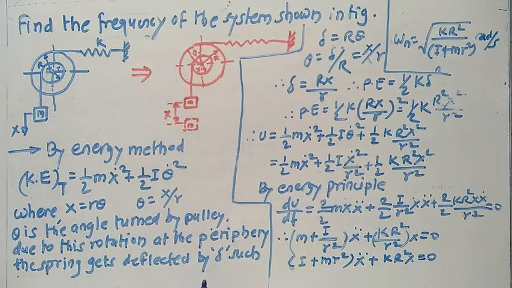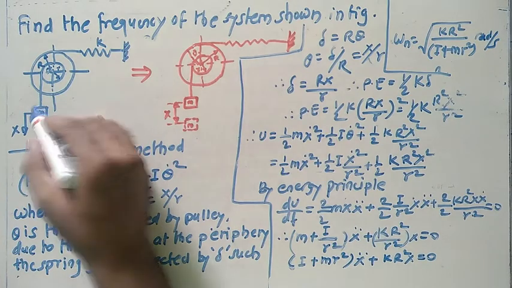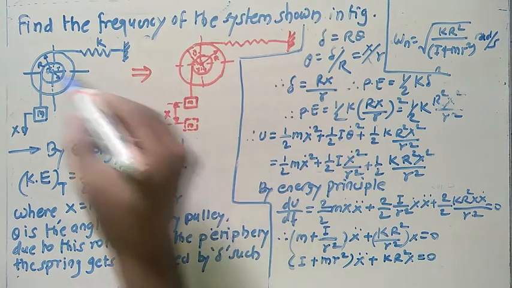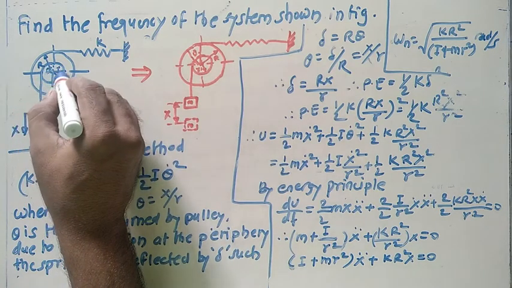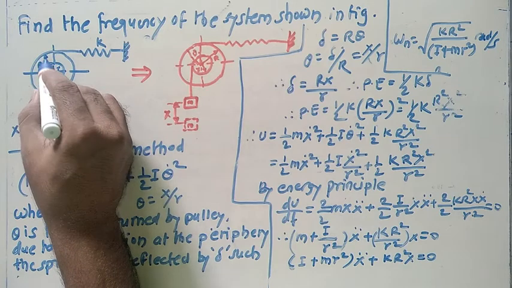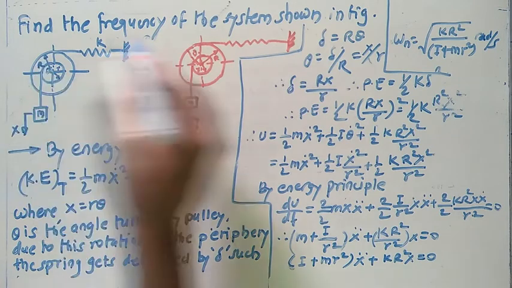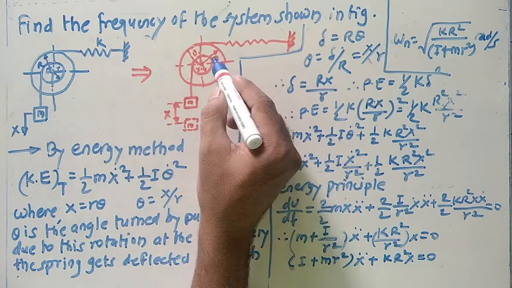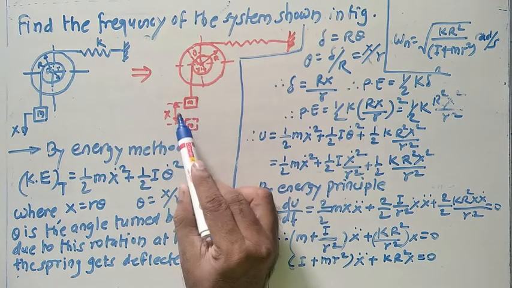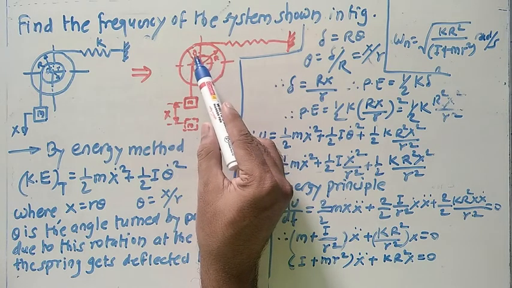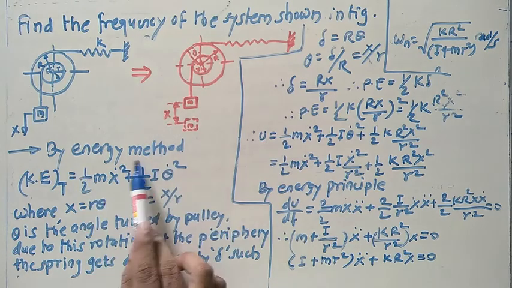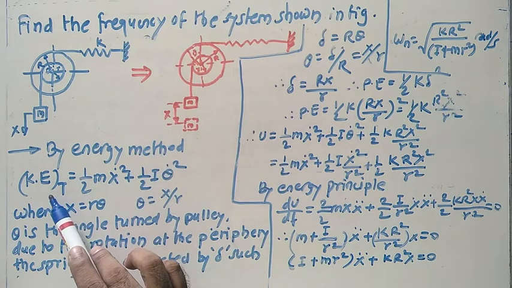So whenever this mass is pulled in the downward direction, in this displaced position, the radius of this small step is small r and the radius of this bigger circle, in short, is given as capital R. So whenever linear displacement takes place by a distance x, the angular displacement takes place by theta. By the energy method, we can get first of all the kinetic energy.